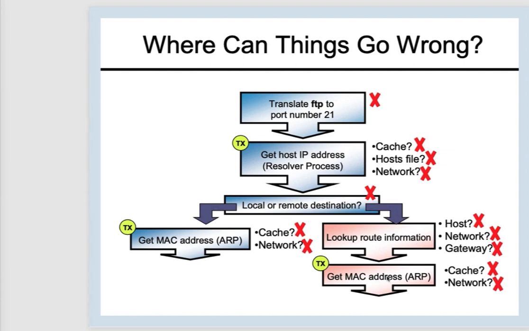So maybe we can find out in a hosts file the network gateway, and so we're going to try to get a MAC address if somebody has a gateway, a router, or anybody to get us off this net. Maybe the router is not operating properly or does not know a currently available route to that destination. Sometimes routes go down.